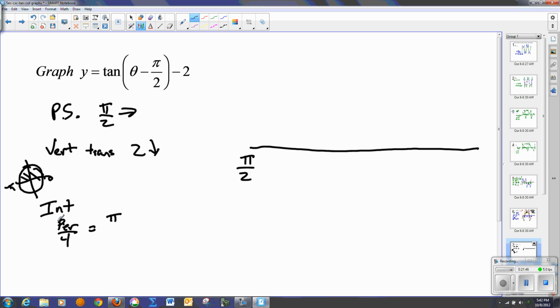So rather than taking my period and dividing it by 4, I'm going to take my period and divide it by 2 for tangent and cotangent. So pi/2 is going to be my interval values. So if I start at pi/2, my next pi/2 is pi, and my next pi/2 is 3 pi/2. And you'll notice between the start and the end of this, I have values that have a difference of pi, which is my period.